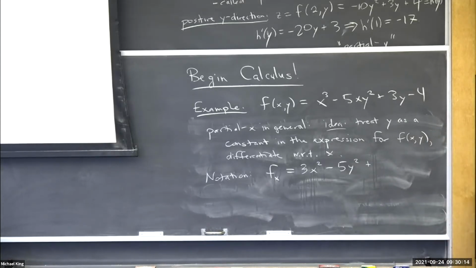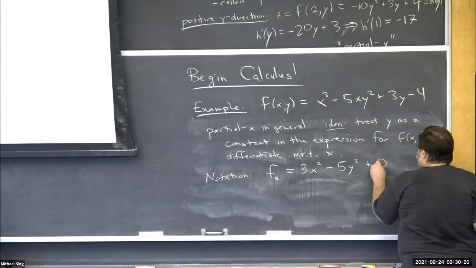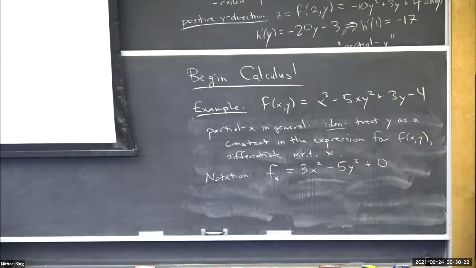If y is treated as a constant, what happens to constants when you differentiate them? 0, yeah, so plus 0. And so this is just called the partial x, the general partial x. And we could check plugging in 2, 1, that we get the same number that we got up there, right?